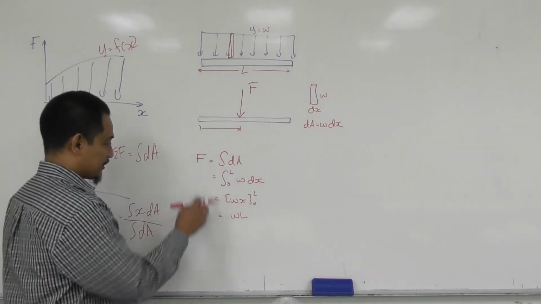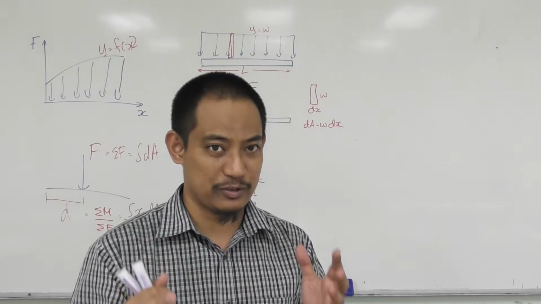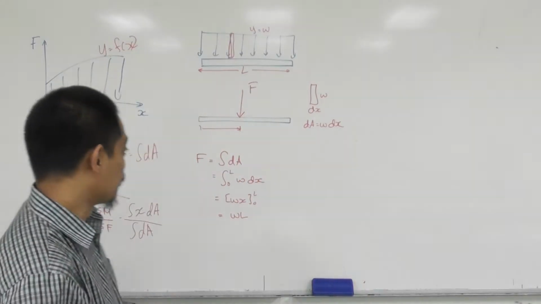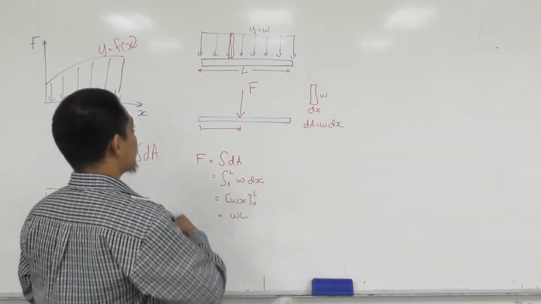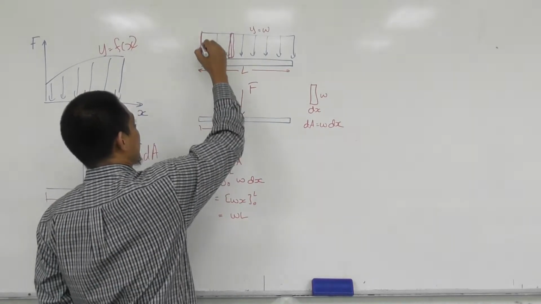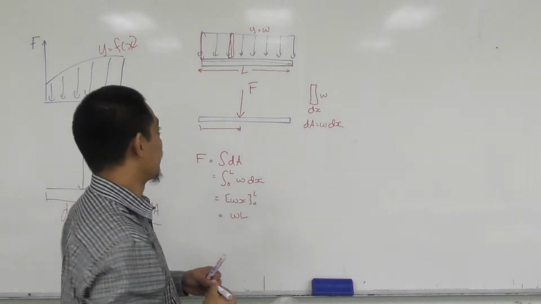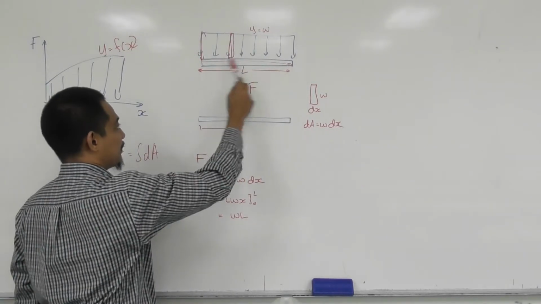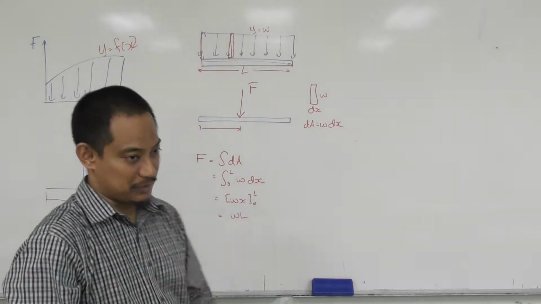So this is the force, and if you understand the concept, the force is the area under the graph. Because it's a rectangle, you can just calculate this multiplied by this one. That's the area under the graph. So you'll have W multiplied by L, which is the same. So this proves that it works.